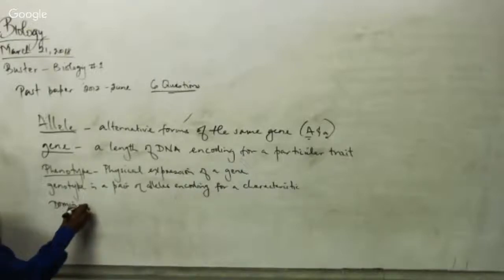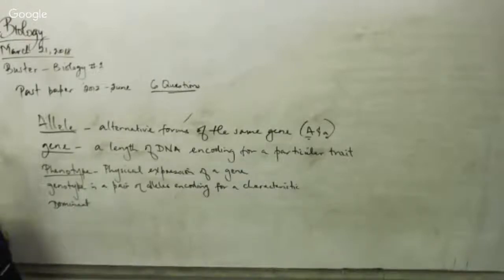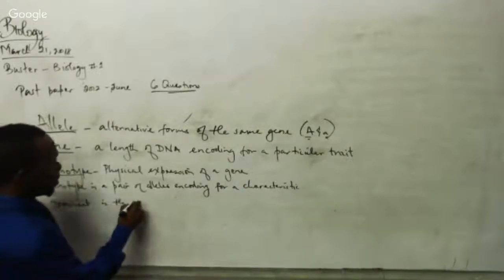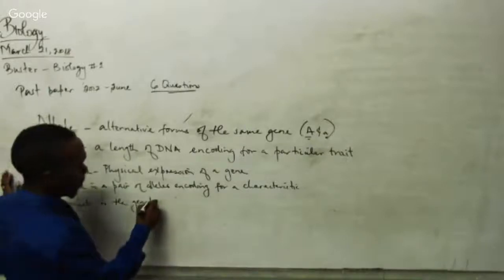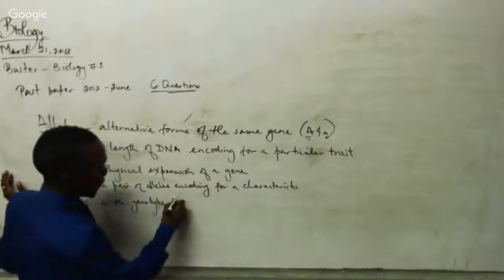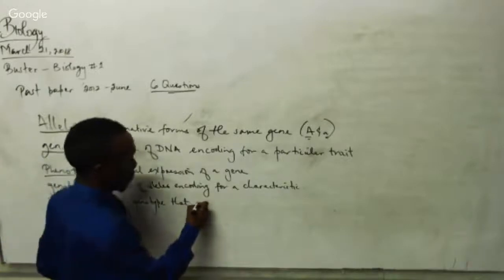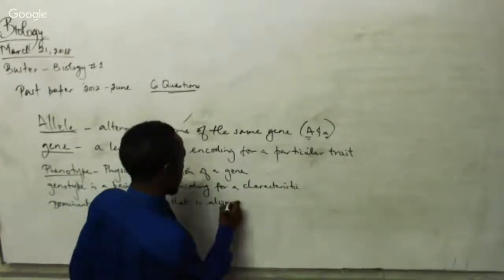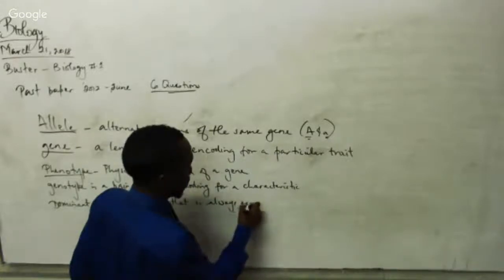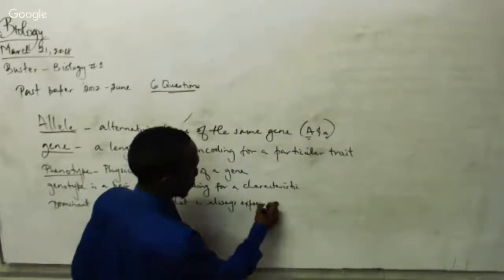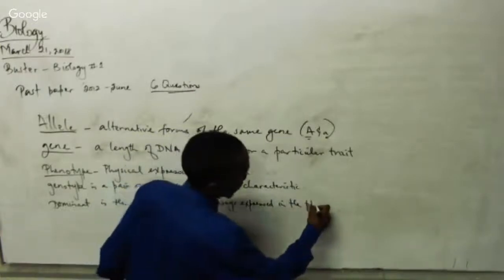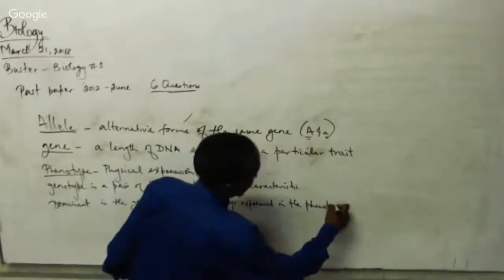And dominant, recessive. The dominant is really a description of the genotype. So the dominant is the genotype that is always expressed in the phenotype.